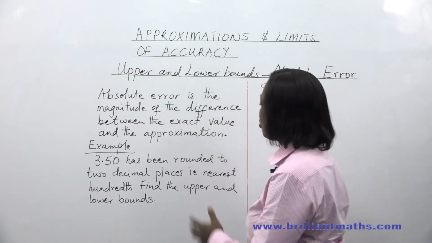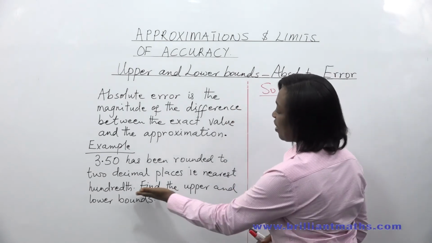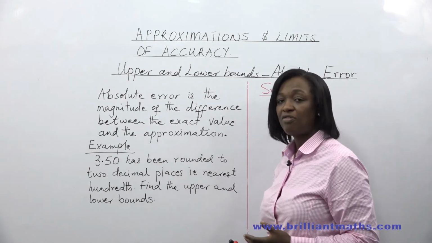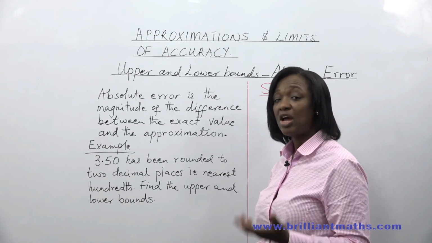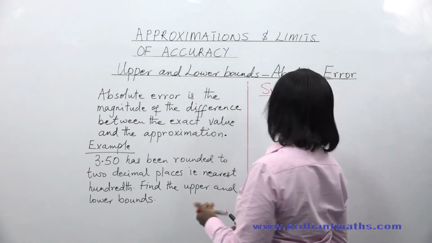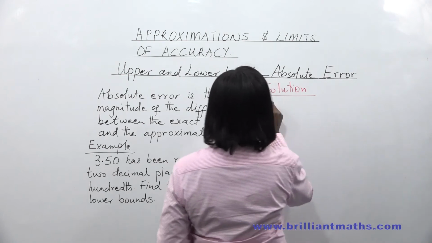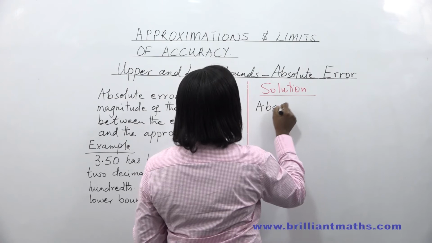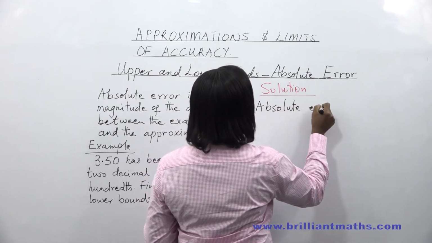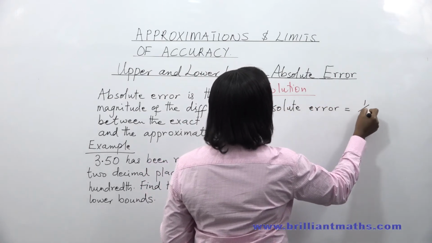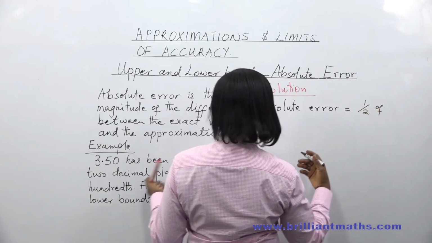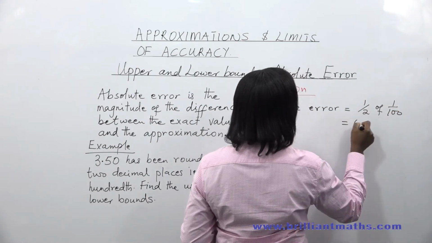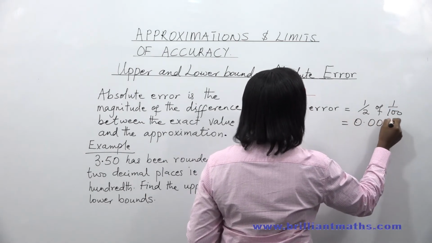So for example here, 3.50 has been rounded to the nearest hundredth. So our absolute error is half of 0.01, which is 0.005. So we're saying absolute error equals half of a hundredth, which is equal to 0.005.